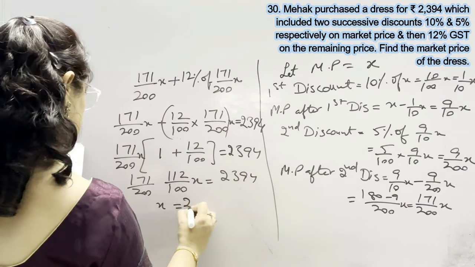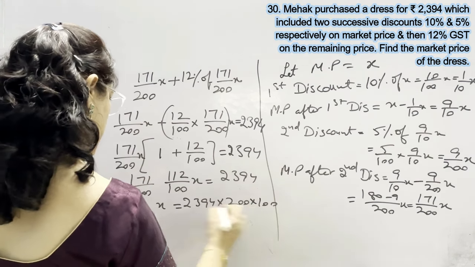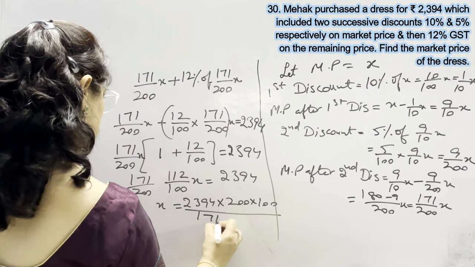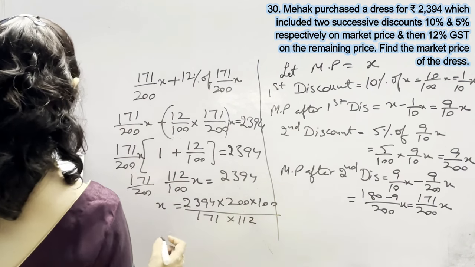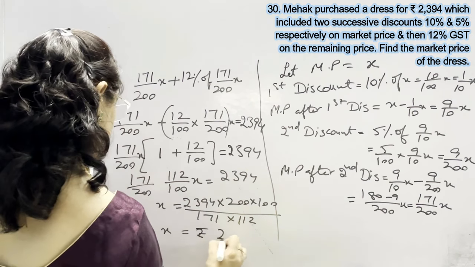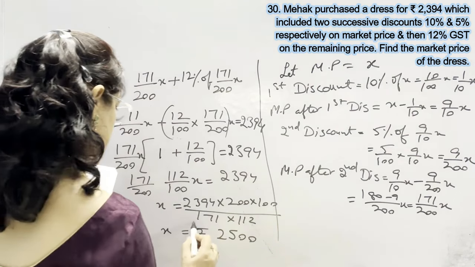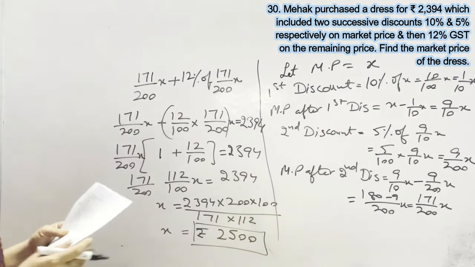So value of x is 2394 into 200 into 100 divided by 171 and then 112. And after calculation, we will get rupees 2500. So x comes out to be 2500.